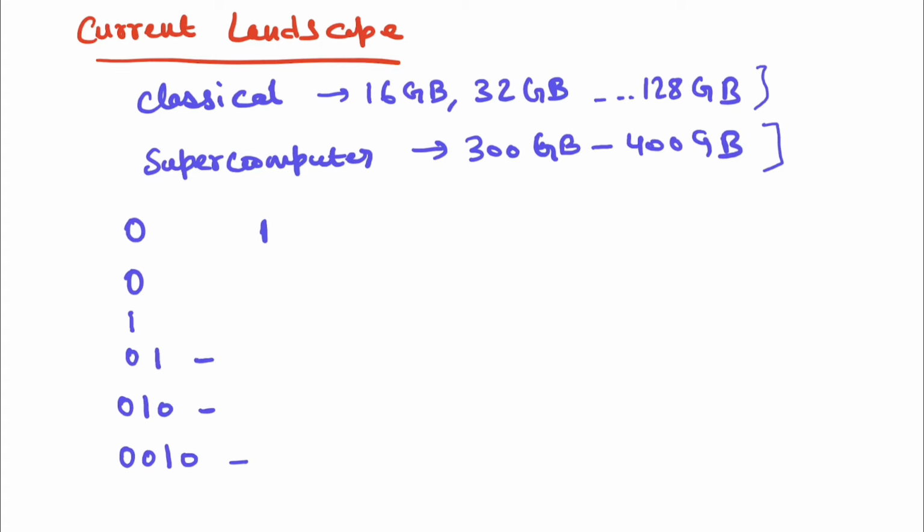But what is the problem here with classical and supercomputer is that irrespective whatever memory you can have within your computers, let's say if you take an example of supercomputer of 400 GB, you can only process finite amount of 0 and 1. So you can increase the number of bits in terms of 0 and 1, but it is still finite amount of information.